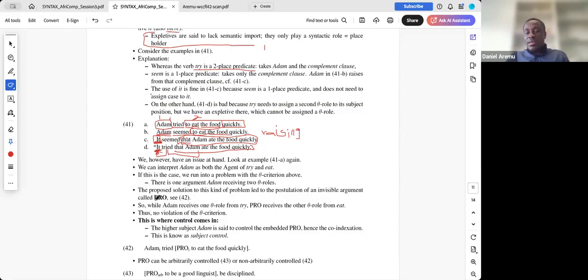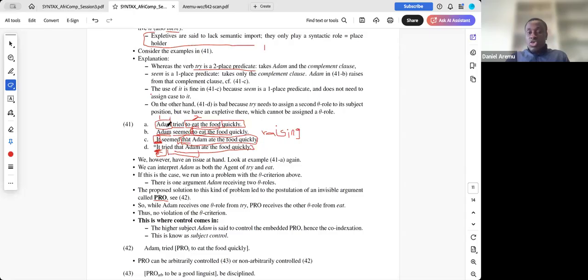And that is where this pro comes in. What we assume is that there is a pro in this non-finite clause that Adam is controlling. Unlike raising, remember I said with raising, Adam actually originates in this position inside the non-finite clause, and then it raised to this position.